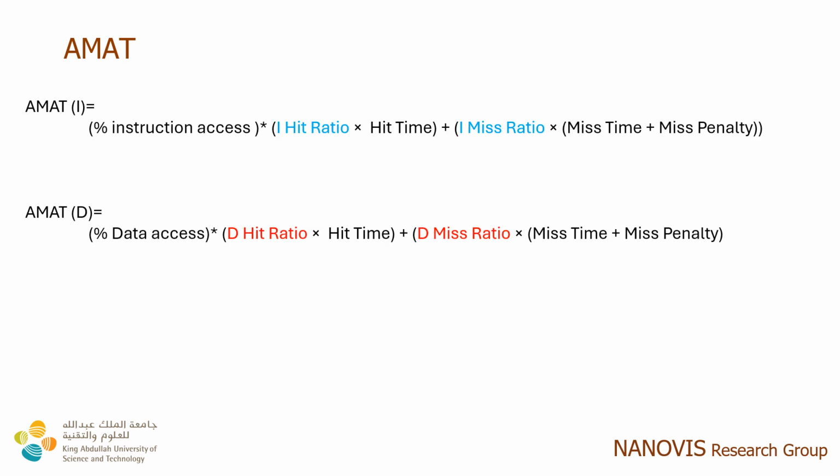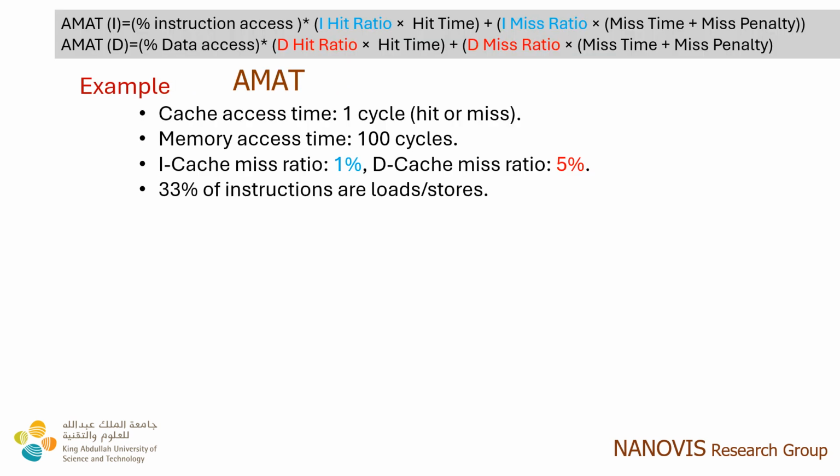So here is the formula: instruction access time is hit ratio multiplied by hit time plus miss ratio multiplied by miss time plus miss penalty. Again the same for the data cache. Here are the two formulas. Here is example number 1 where the access time is 1 and the memory access time is 100 cycles.